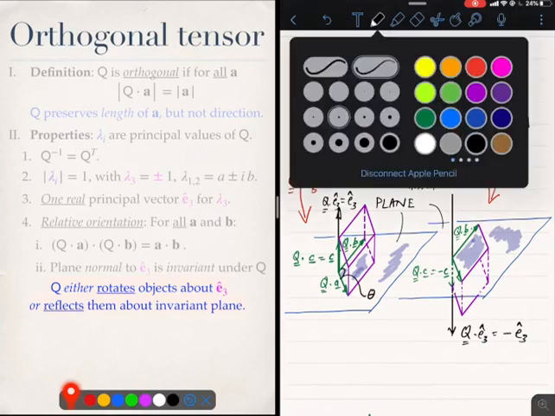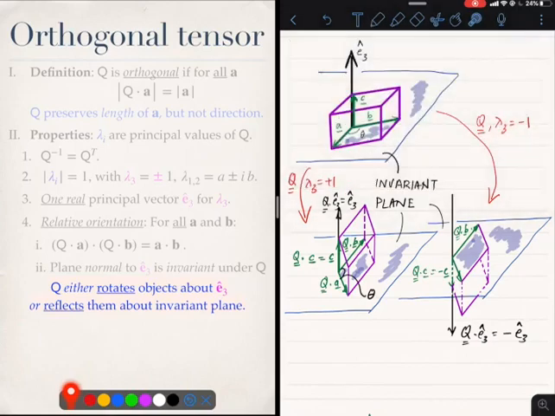However, something can happen to C depending on lambda 3, but lambda 3 is plus 1, so C remains C, and you get back this object, which again looks like a rotation around E3. Okay, so rotation of the box about E3 when lambda 3 is plus 1.